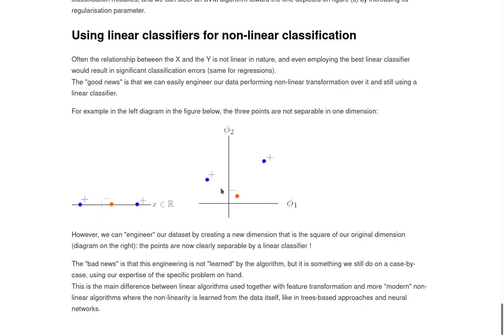We just do this and then we apply our linear algorithm. And this is the key difference between linear algorithms used together with feature transformations and the more modern kind of nonlinear algorithms, where the nonlinearity in the data is itself learned from the data, like in tree-based approaches and in neural networks.